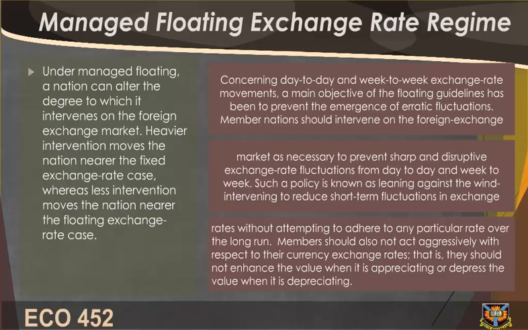Heavier intervention moves the nation nearer the fixed exchange rate case, whereas less intervention moves the nation nearer the floating exchange rate case. Concerning day-to-day and week-to-week exchange rate movement, a main objective of the floating guidelines has been to prevent the emergence of erratic fluctuations.